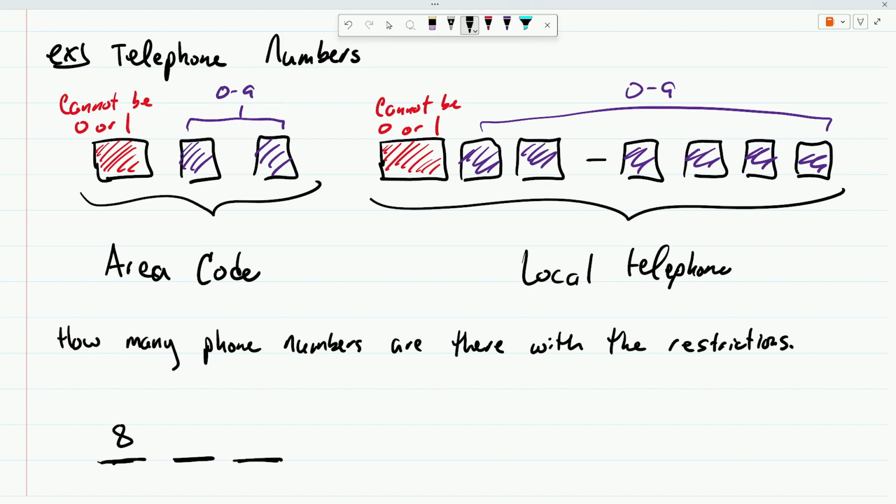Then for the other two positions, I can choose between 0 and 9, which is a total of 10 numbers. Now, for the local telephone number itself, we have the 3 digits up front and then the 4 digits behind it. The very first number cannot be 0 or 1, so there's only 8 possible numbers to pick from there. And then finally, all these numbers can be anywhere between 0 and 9, so a possible 10.